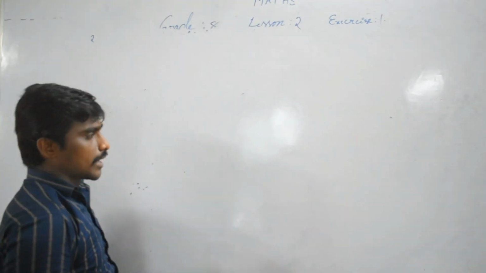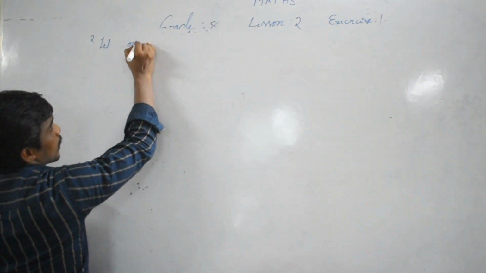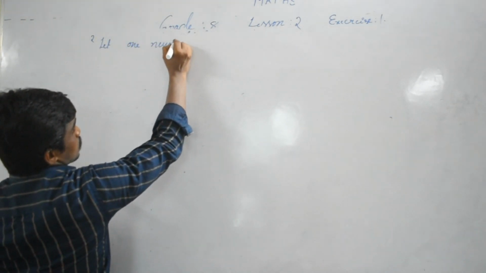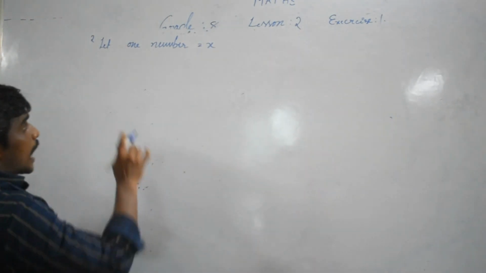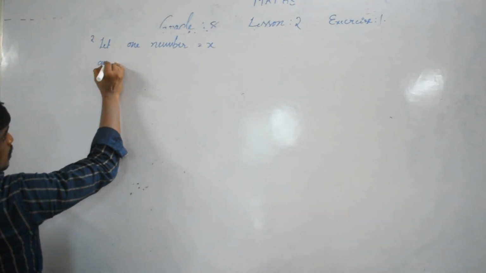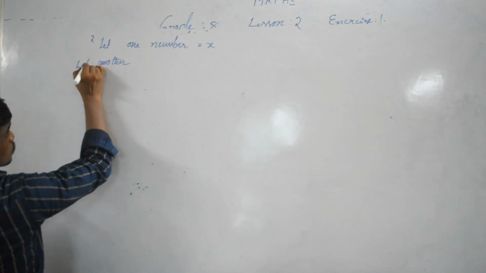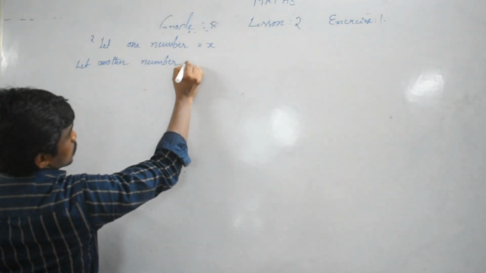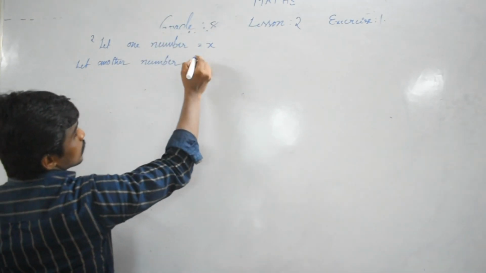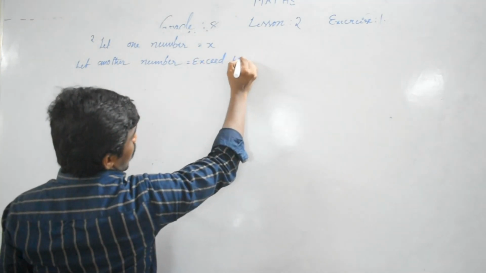Let one number be x. Another number exceeds it by 5.